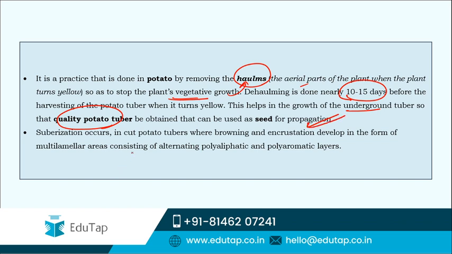And there's one more term related to potato that I wanted to cover. It's called suberization. Did anyone hear about suberization? Whenever you cut the potato and leave it, browning and encrustation develop, the dark thing, and this encrustation is also a white, hard layer. It happens on the potato, and that is called suberization.